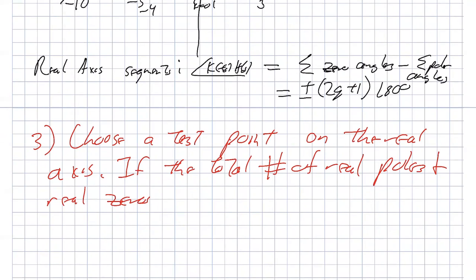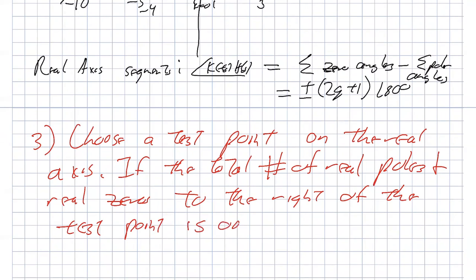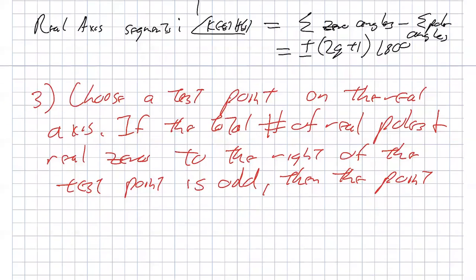If the total number of real poles and real zeros to the right of the test point is odd, then the point lies on the root locus. By real poles and real zeros, we mean poles and zeros on the real axis. If they have a complex component, they don't count towards this.